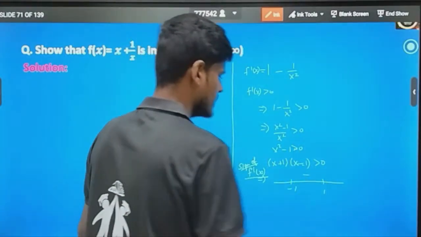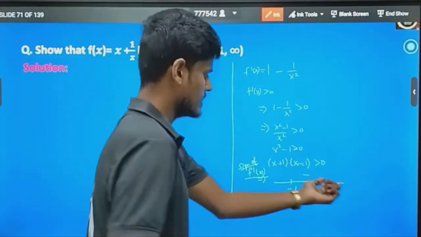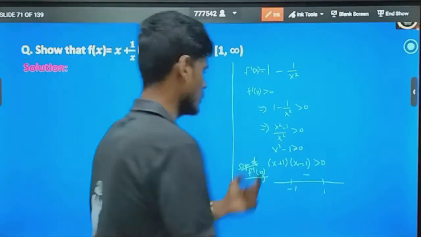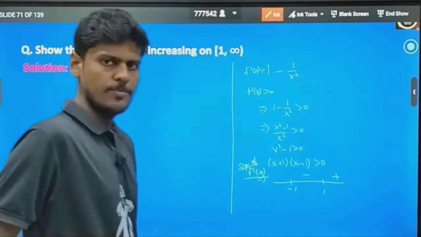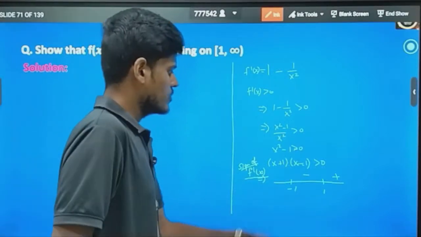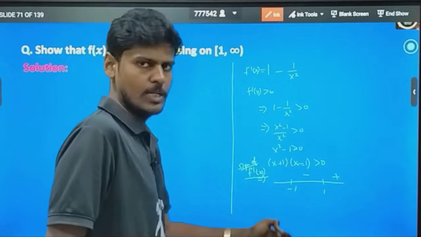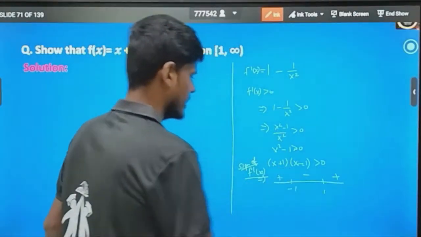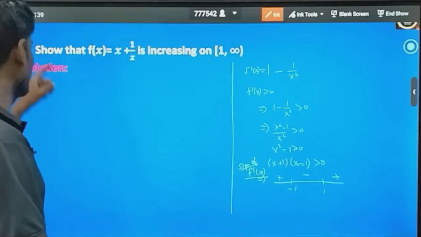So positive into negative is negative. Then take some other number after 1, 2. 2 minus 1 is positive, 2 plus 1 is positive. Positive into positive, positive. Take another number minus 2 in this interval. So again we will have minus 2 minus 1, negative number, minus 2 plus 1, again negative number, negative into negative is positive.